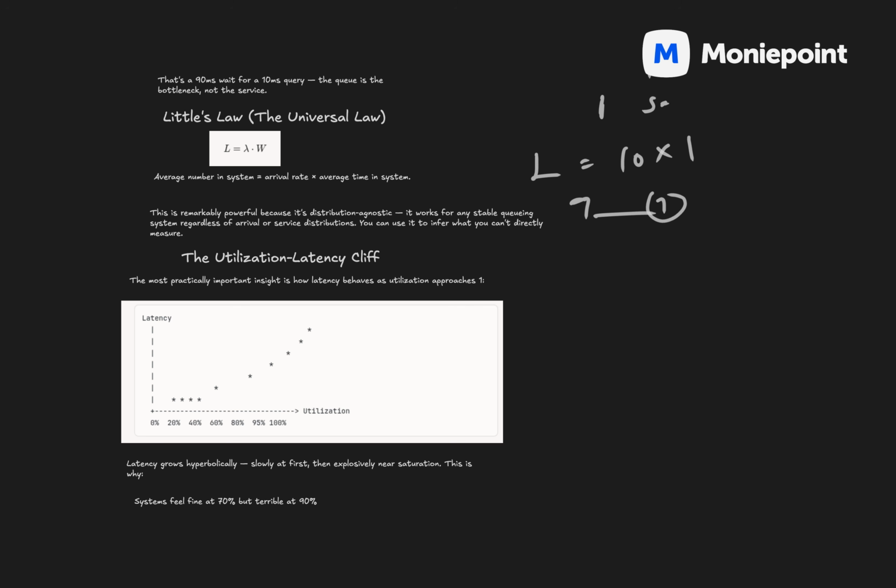So L abstracts the total number of people in the system. LQ tells you the total number of people waiting in the queue itself. And W, which is the average wait time, suggests the time I spent in the queue plus the time it took to service me for me to get out of the system, right? That is what W is. Then WQ is the average time I spend in the queue till I get processed.